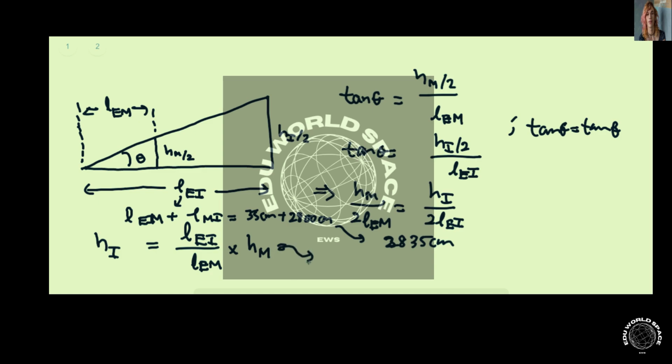So let me just kind of write this down here. So that's 2,835 centimeters divided by 35 centimeters times the height of the mirror, which is 4 centimeters.